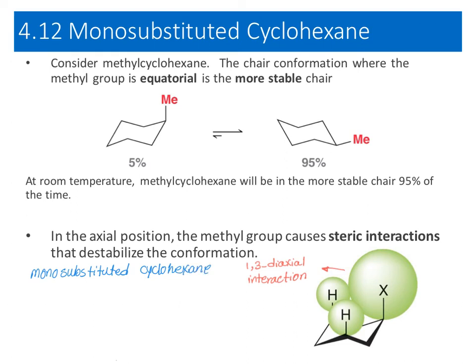So when you have monosubstituted cyclohexane, substituent always prefers equatorial position.